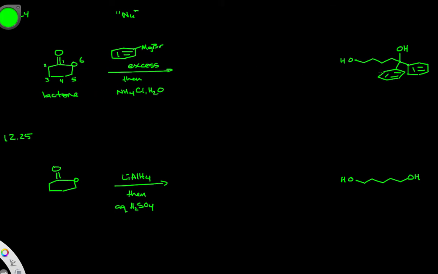Let's do the same for the product. I'm going to arbitrarily start here as 1, 2, 3, 4, 5, and 6. This numbering in the product will become apparent as we draw out the mechanism.